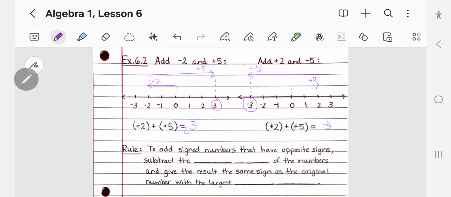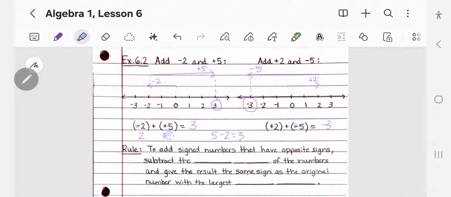Notice that if you took 5 and 2, the absolute values of these numbers, the absolute value of negative 2 is 2, the absolute value of positive 5 is 5. If you take those numbers and subtract them, you get 3. Well, how do you know if it's going to be positive or negative? You take the sign of the number that had the largest absolute value.